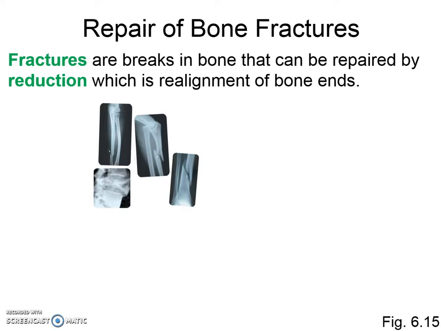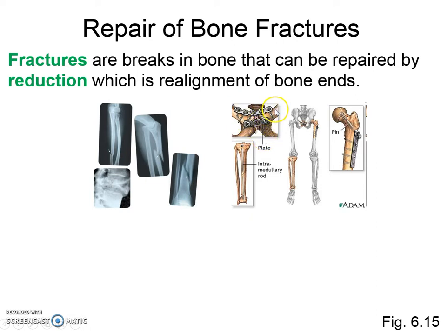So again, this becomes important when you need to talk about repairing bones. A fracture is when there's a break in the bone, and you can repair the break through a process called reduction. Reduction occurs when the bones are realigned, so you have the bone ends realigned. Here you can see some fractures, right here, and so on.